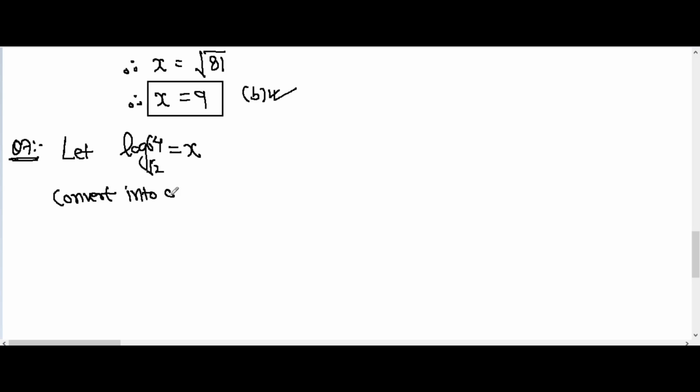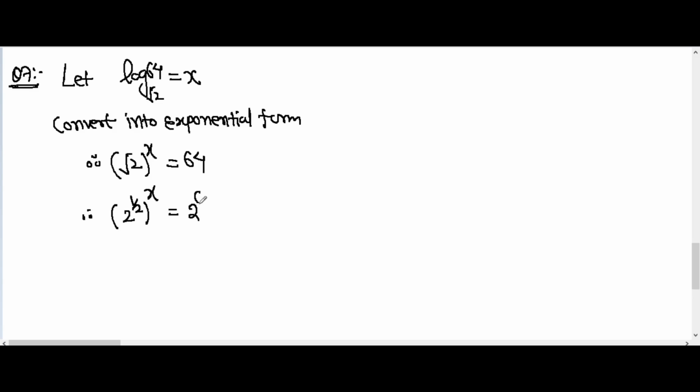Number 2, root 2 is written as 2 raised to 1 by 2 whole raised to x is equal to 2 raised to 6. अब जरा ध्यान देना, root of a is written as a raised to 1 by 2. तो root जो है आप अगर remove करना चाहते हैं तो power 1 by 2 आ जाएगा.